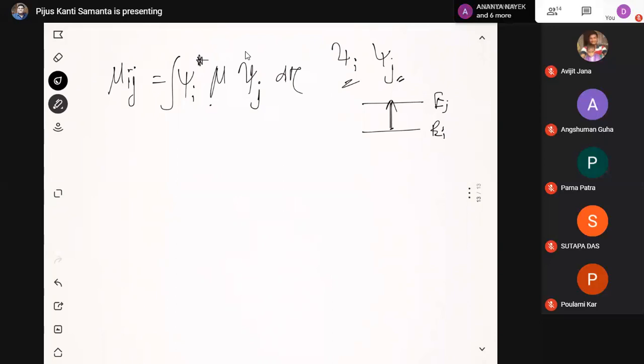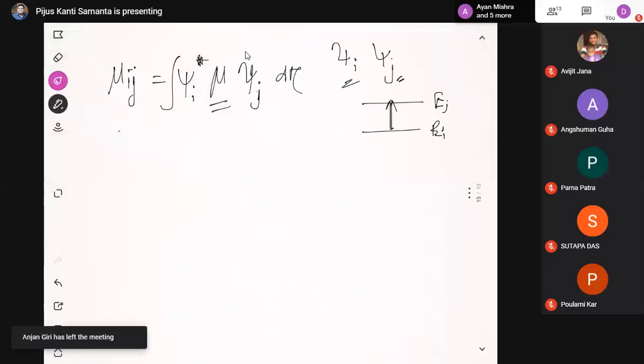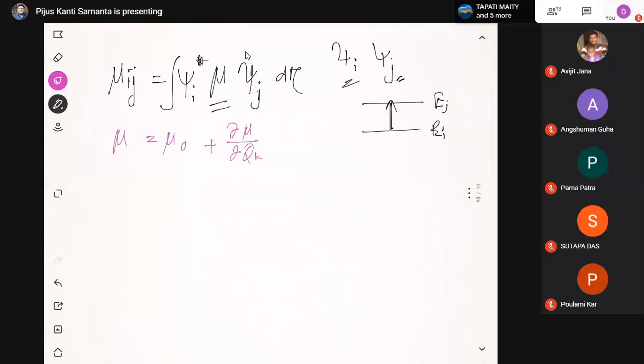If we expand the dipole moment in a Taylor series, mu will be mu0 plus del mu del qk times qk, and so on. We are considering only the first order term and neglecting the higher order terms.